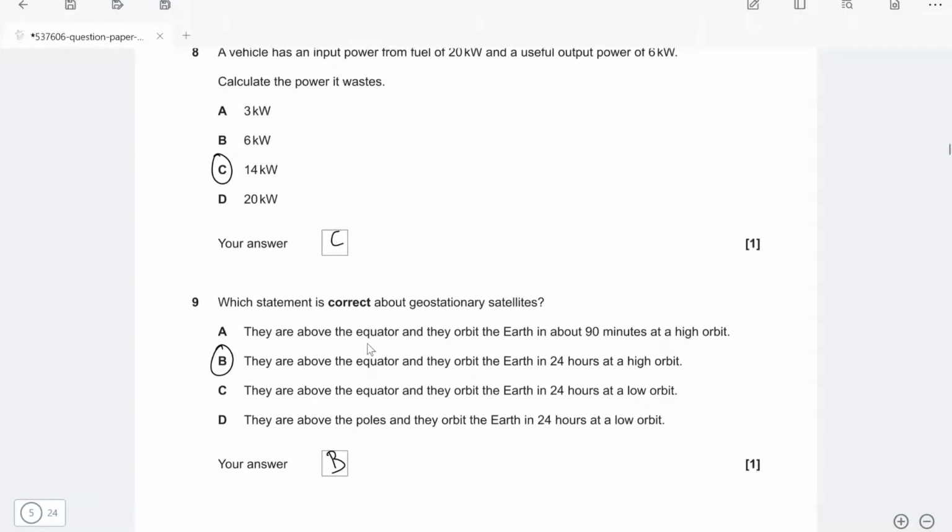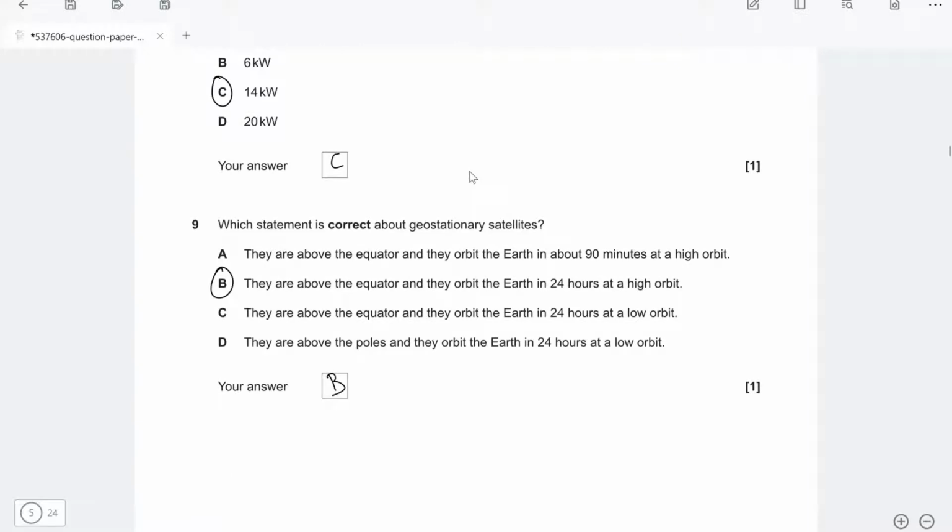Question 9. Which statement is correct about geostationary satellites? They are above the equator, definitely, so they always orbit around the equator. So D is not going to be a correct answer, and their orbital period is 24 hours. They're called geostationary because they're stationary with respect to an observer on Earth.